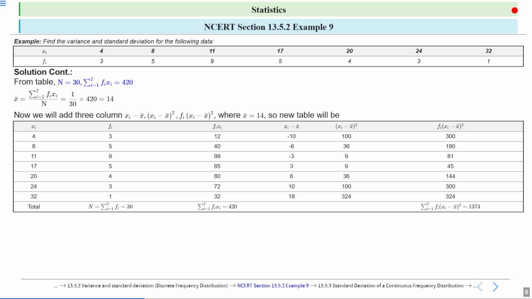So here we added the xi minus x bar column, the xi minus x bar whole squared column, and the fi times xi minus x bar whole squared column. Okay, and here we calculated at the bottom of the table the summation of fi times xi minus x bar whole squared from i equal to 1 to 7, which is 1374.